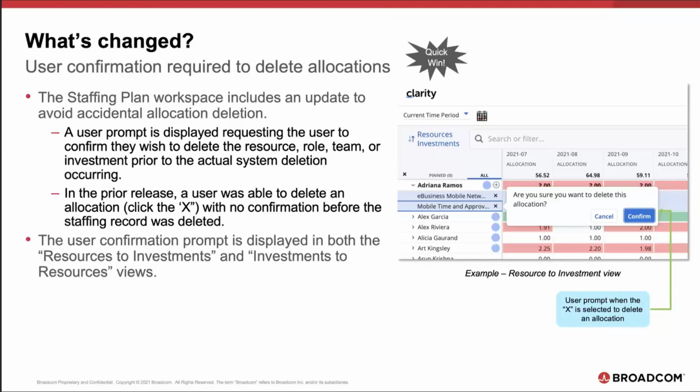We've introduced a user prompt to confirm they really want to delete the allocation. As you expect, the user confirmation prompt is displayed on both resources to investments and investment to resources views. And this is another example of an output directly from the customer innovation program.